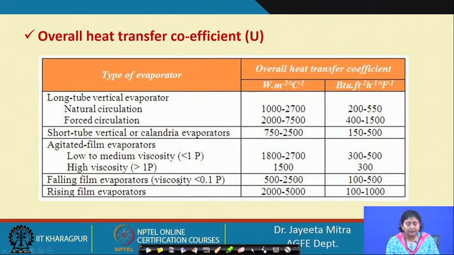So, based on the requirement, like when we use a very heat sensitive liquid, fruit juices etc., at that time we will use the short tube evaporators. When we use a material which is not that heat sensitive, we can use a long tube vertical evaporator. So, based on our requirement we can choose different kinds of evaporators.